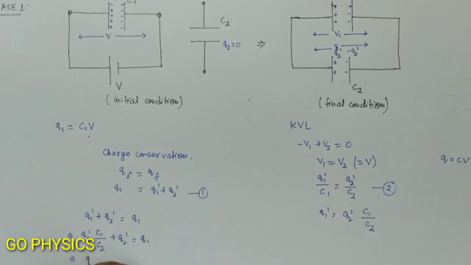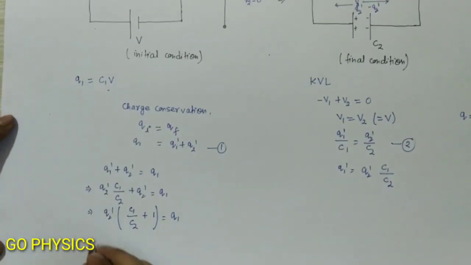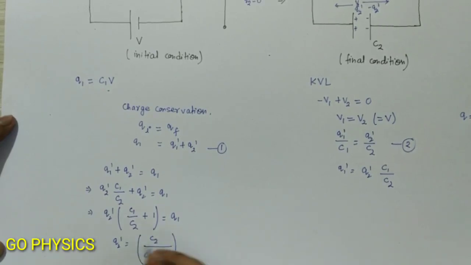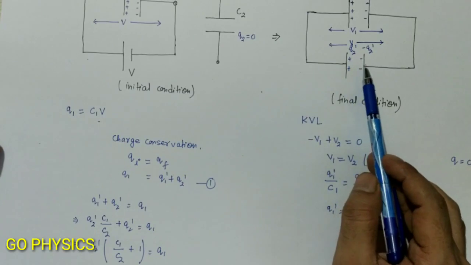From here take Q2 dash common, so it becomes C1 by C2 plus 1 equal to Q1, and from here Q2 dash is equal to C2 by C1 plus C2 multiplied by Q1. So this is the final charge on capacitor 2.